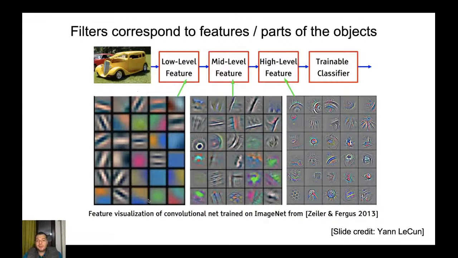We don't need as many filters as in this layer, where the filters are more specialized to various object classes. And if we have a lot of classes to discriminate, as in the ImageNet database with over 1000 classes, we need a lot of filters in this layer of the network.